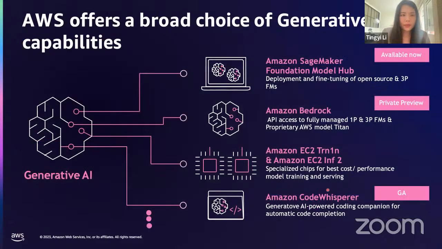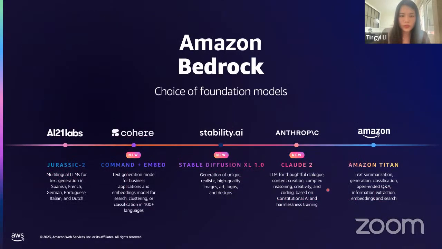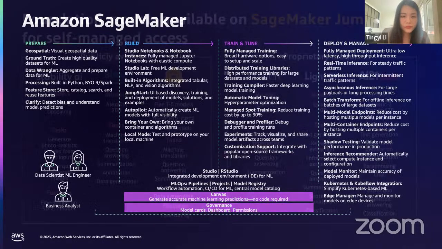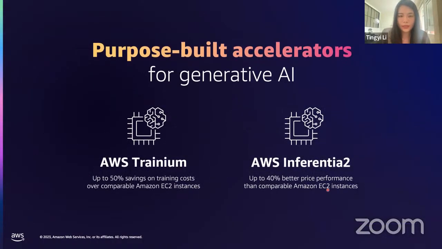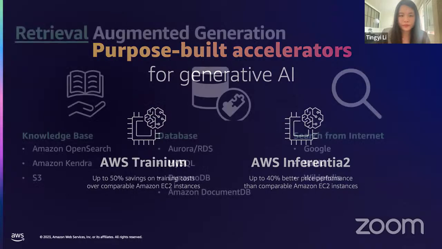But given the time limit, I'm just going to switch through here very quickly. These are just some introductions to our services and the foundation models provided from SageMaker JumpStart or Amazon Bedrock, and of course, our infrastructure.